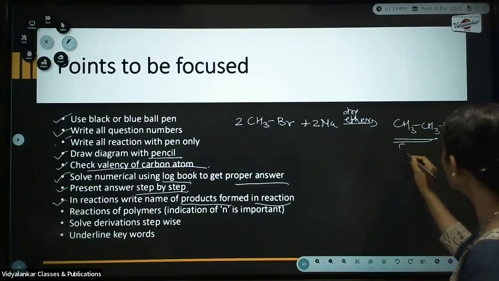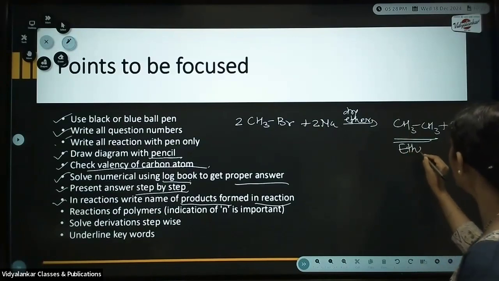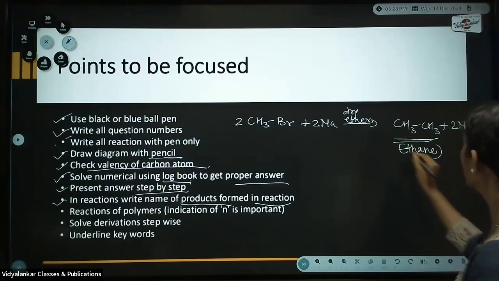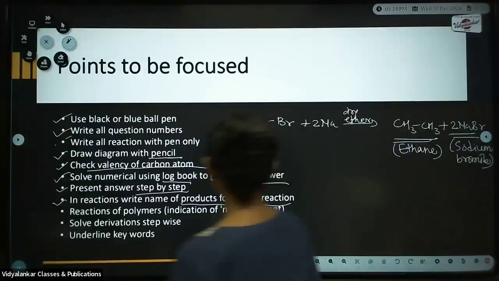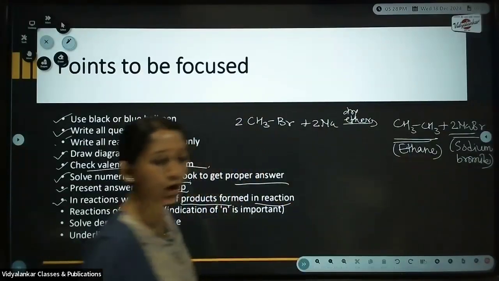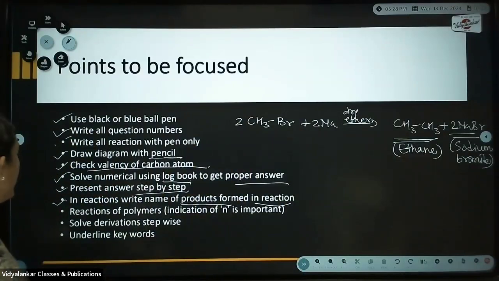Two carbon atoms indicate ethane. Here this is the major product and this is the minor product of the reaction, which is sodium bromide. Fine. So names of products are very much important.